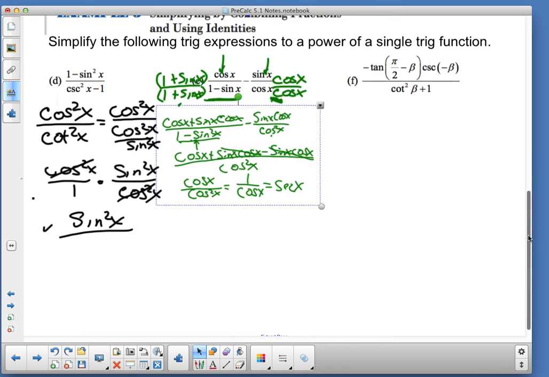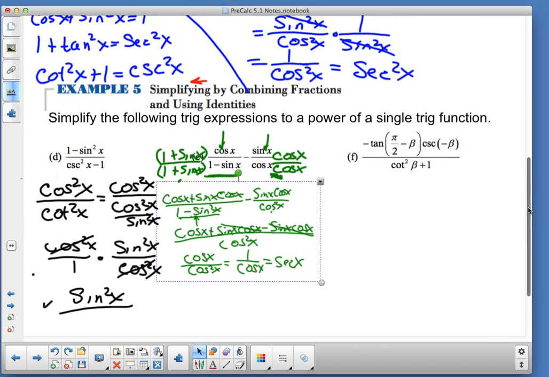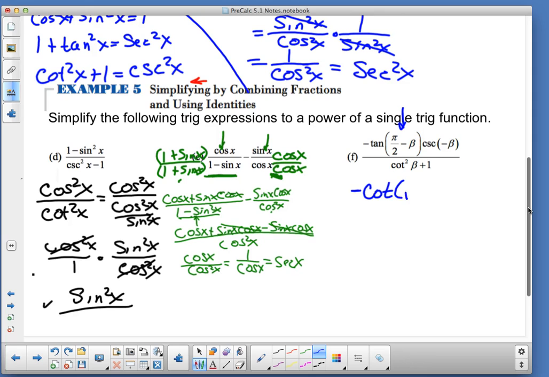Now, this next one looks really nasty, but as I'm looking at it, I've got to be thinking, hey, I got a cofunction there. So I'm going to use that cotangent thing, and I'm going to get the cotangent beta there. I might just do that right away. But before I do that, I'm going to do a couple things. First, I'm going to make this tangent of pi over 2 minus beta into cotangent beta.